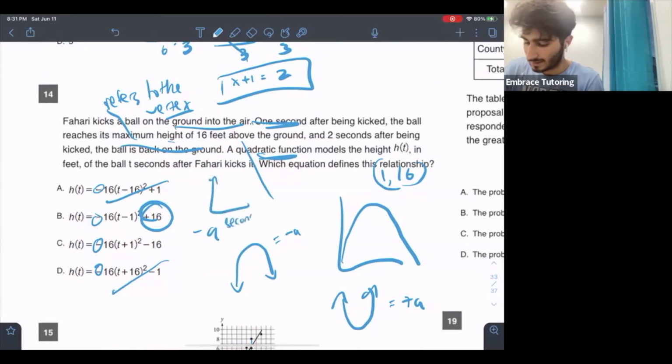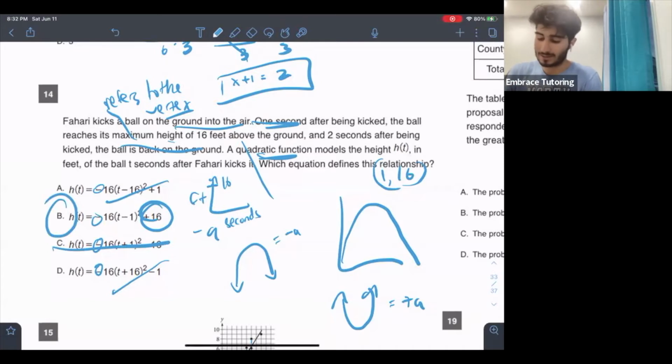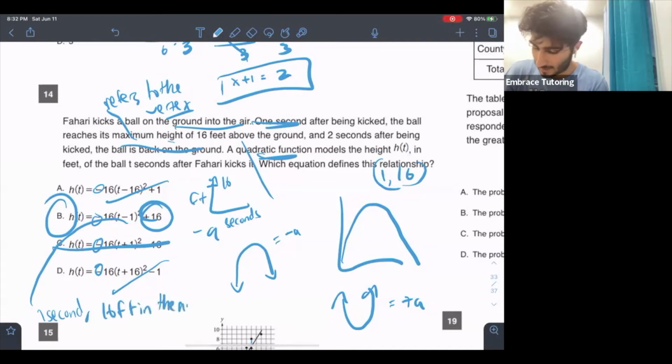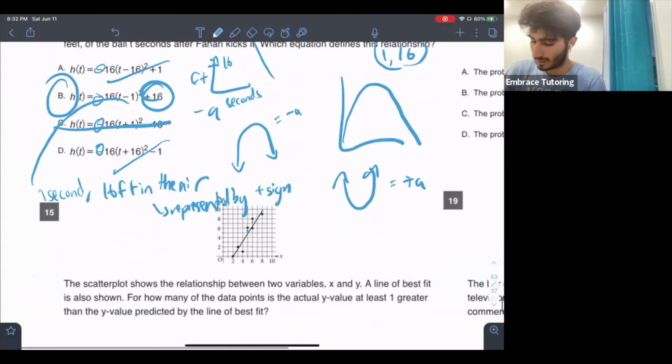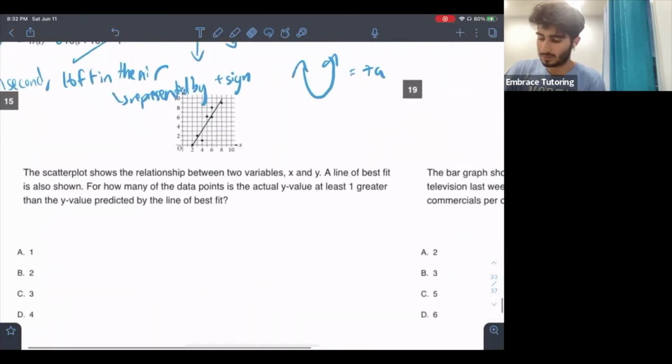This would be seconds. This should be feet. Feet is 16, so 16 would be the vertical shift, meaning that's plus 16. It can't be negative 16 because the ball doesn't go 16 feet below the earth. That doesn't make sense, so C can't be it either. And so that's how you know 14 is choice B, because at 1 second, the ball is up 16 feet in the air, represented by a plus sign. Okay, and that's how you solve that question.